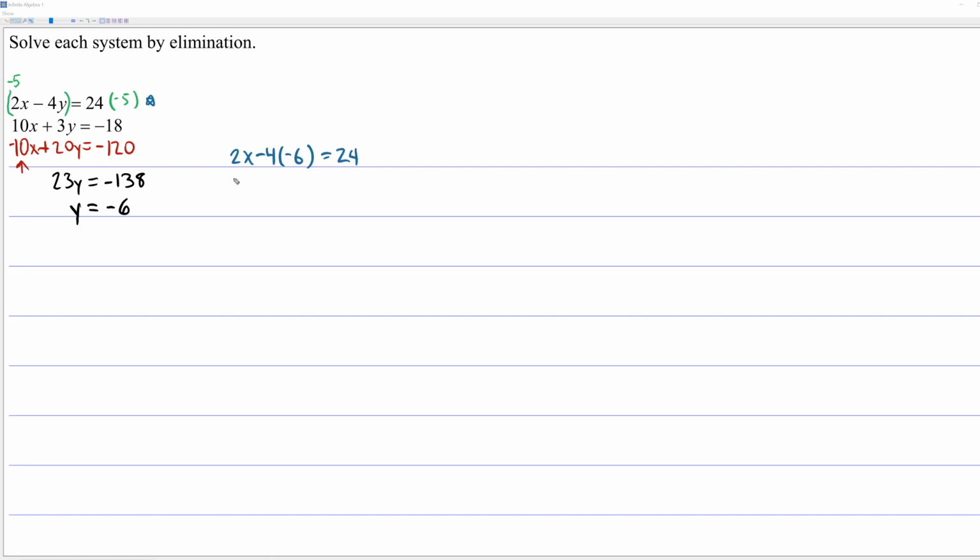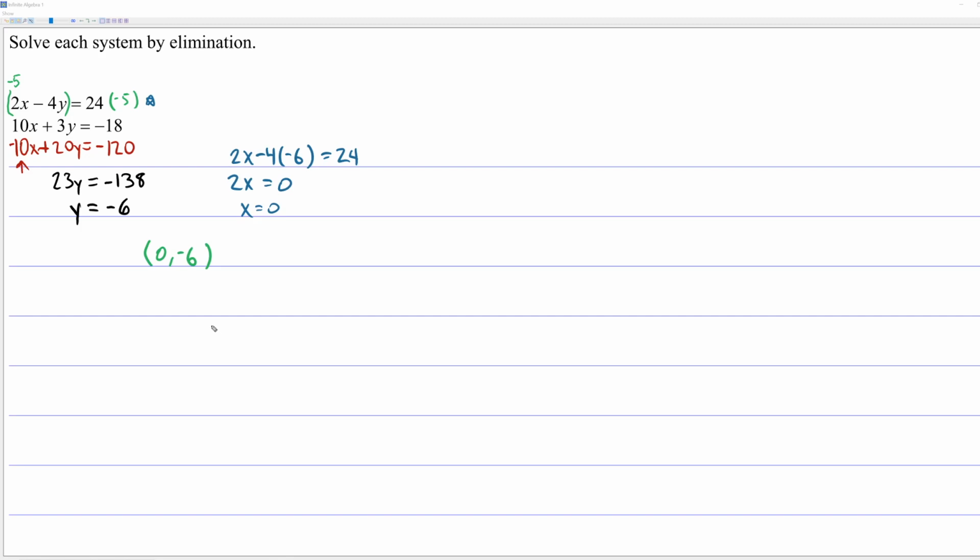So 2x, this is plus 24, so I'm going to subtract 24 from both sides, divide by 2, and we get x equals 0. Just like I mentioned in the last video, 0 is a perfectly fine number. That doesn't mean there's no solution or anything like that. What it means is these two lines intersect at the point 0, -6.